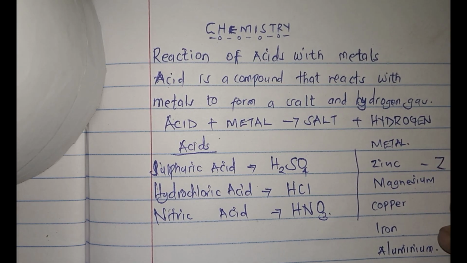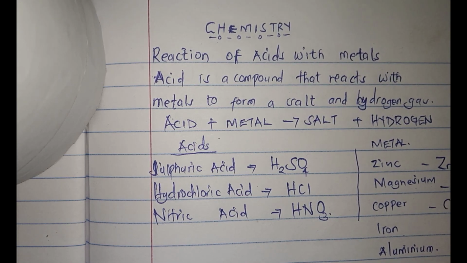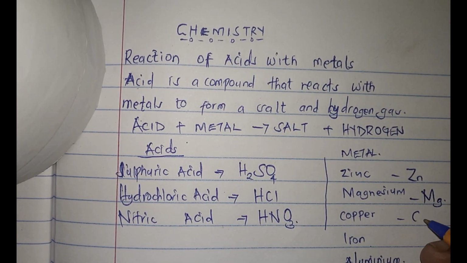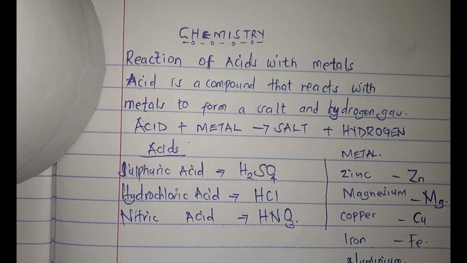Zinc is written as Zn, this is for magnesium, Mg, this is for copper, iron, and aluminium.